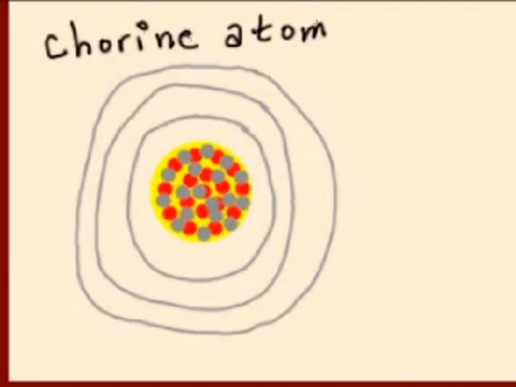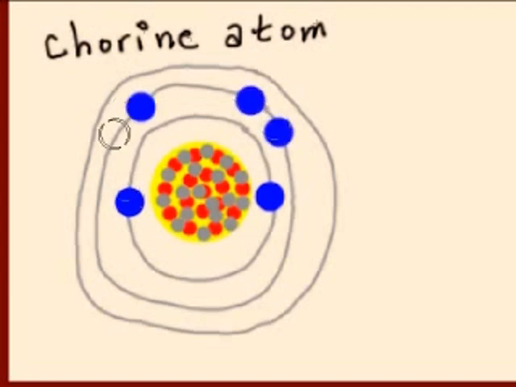Now let's identify the electrons. Okay, and so because it has 17 protons, it's going to also have 17 electrons. So here we go. 1, 2. The first energy level is happy with 2. 3, 4, 5, 6, 7, 8, 9, 10.